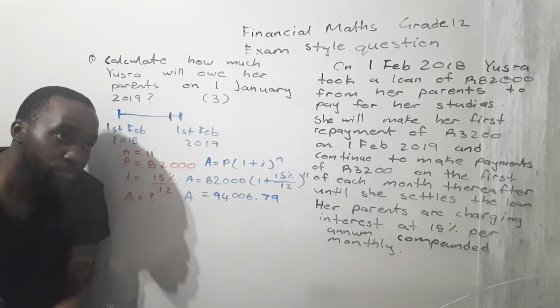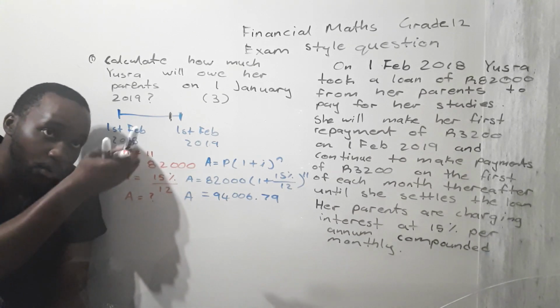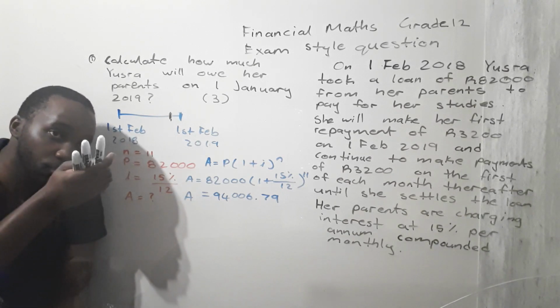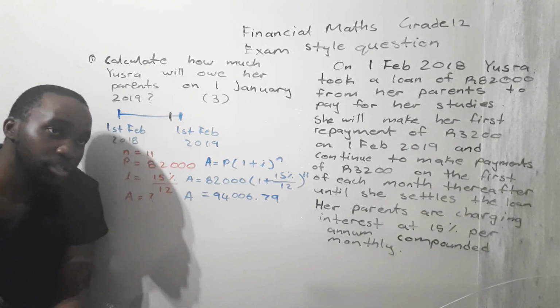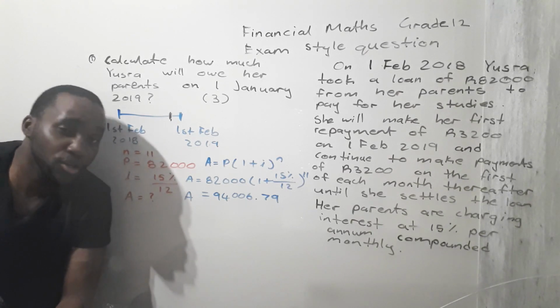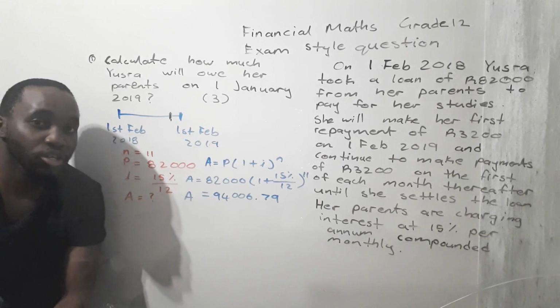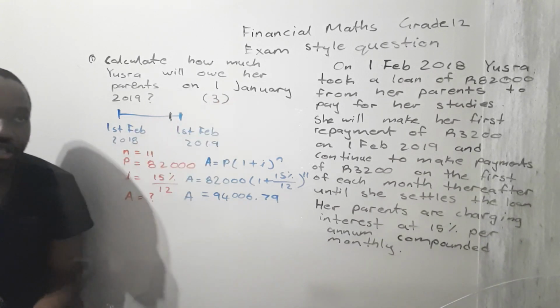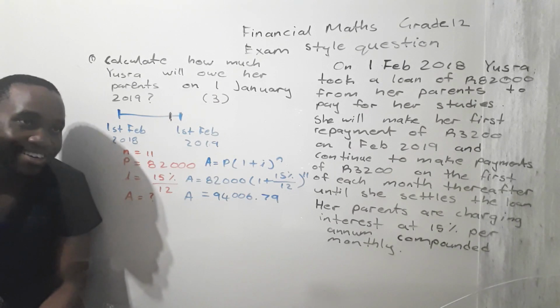The one thing to take away from this question was that when we work out the number of payments that we skipped, we just need to consider how from the 1st of Feb 2018 until the 1st of Feb 2019, that's a full year. However, we need to work out how much the loan has accumulated to after 11 months only, because that's until the 1st of January 2019.